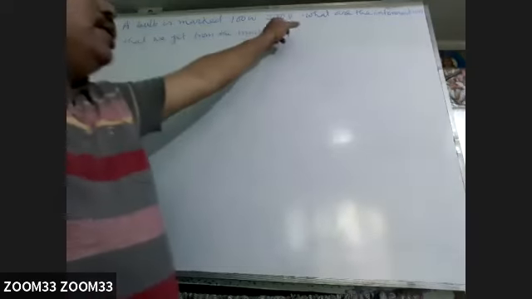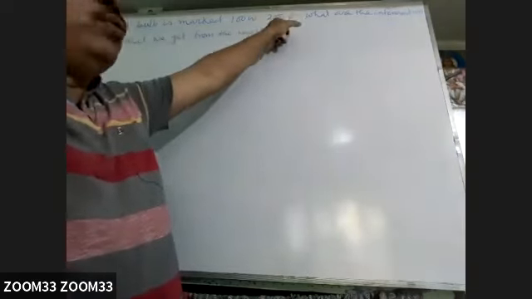What is the meaning? If this bulb is connected to a source of 200 volt, it will consume 100 joule energy per second. That is one information.